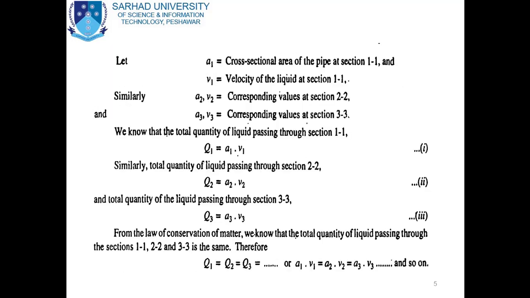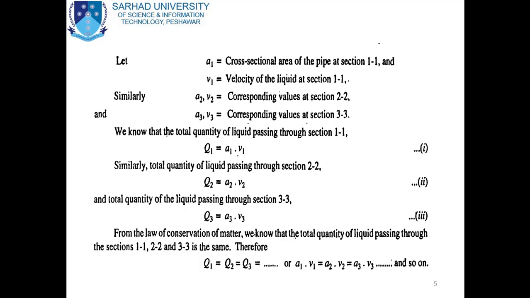Now let A1 be the cross-sectional area of the pipe at section 1,1 and V1 the velocity of the liquid at section 1,1. Similarly, A2, V2 are the corresponding values at section 2,2, and A3, V3 are the corresponding values at section 3,3.